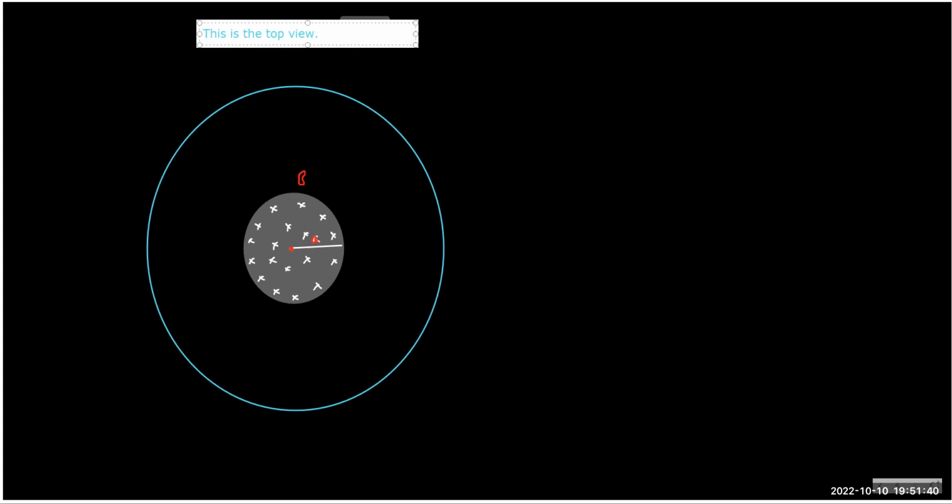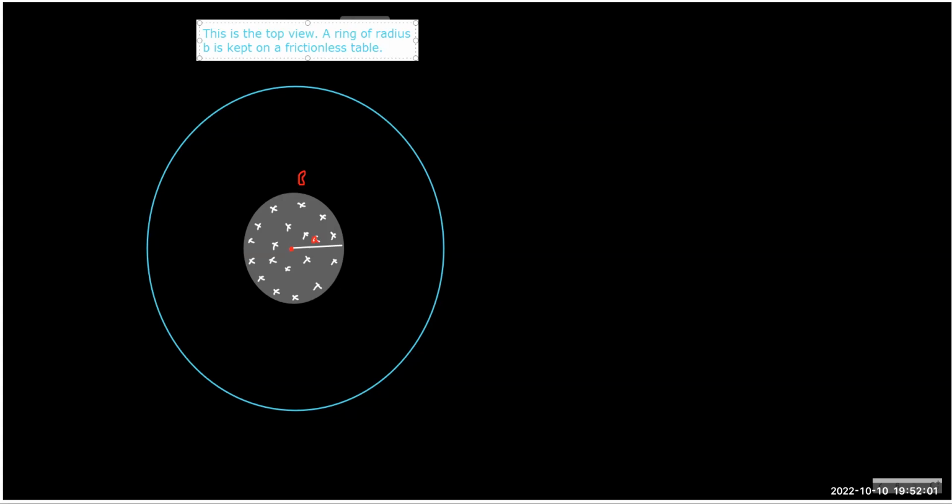So this ring is kept on a frictionless table. This is the top view.